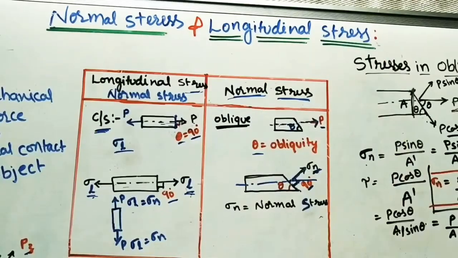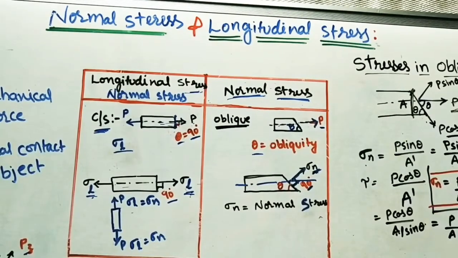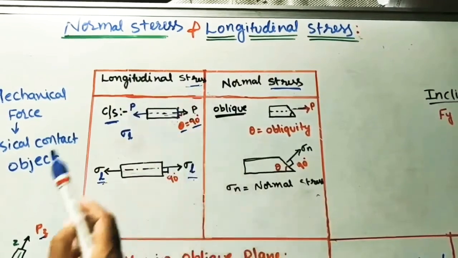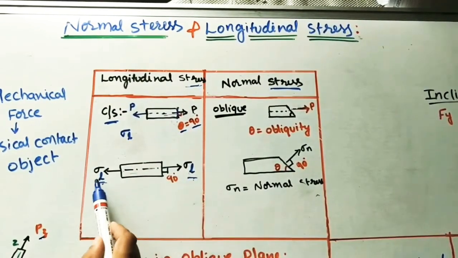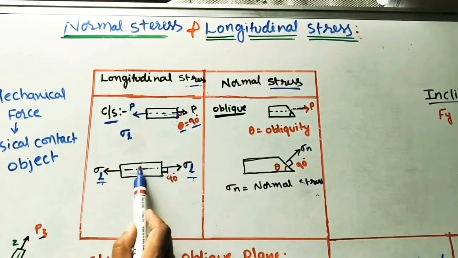Let us discuss what normal stress is and what longitudinal stress is. Longitudinal stress means the stress that develops along the axis of the applied force.